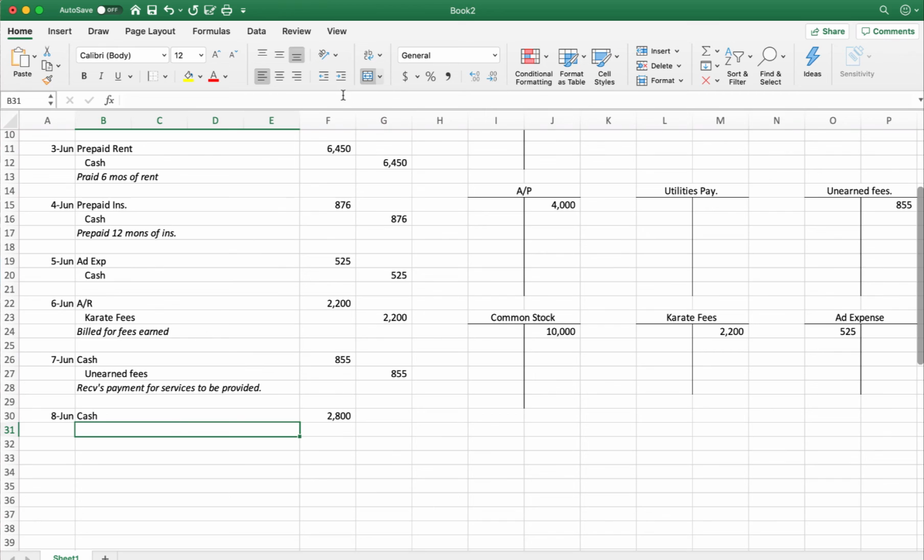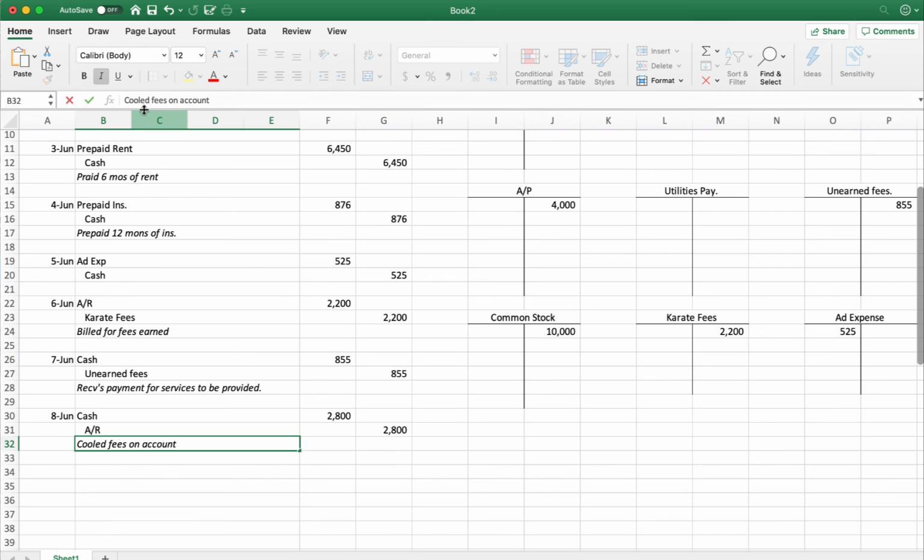What am I crediting? Well, I'm crediting that accounts receivable. Why? Because they don't owe me money anymore, right? I'm collecting it. They're paying me. So I'm going to credit it $2,800, okay? What's our explanation? Well, collected fees on account. Okay? Not cooled, collected.